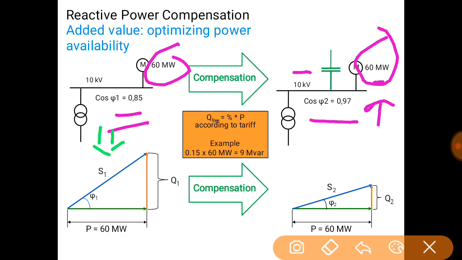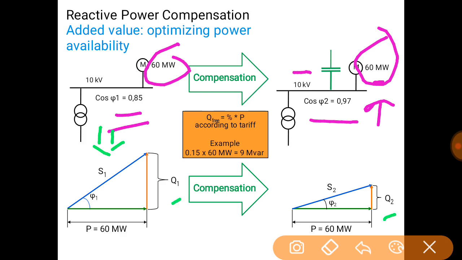P is 60 megawatt, with cos phi 1 and phi 2. P is constant at 60 megawatt. Here we calculate S1 and Q1, S2 and Q2. Then we find that the value of Q1 is greater than Q2.